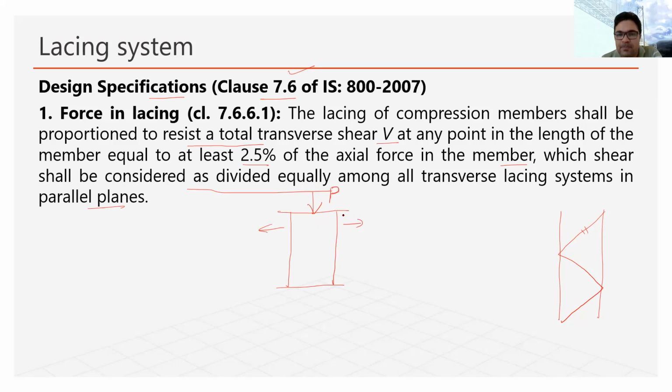To hold them, we provide these inclined members, which are the lacing. This is the force that is happening because of this P value. This force is called the V value. To resist this V value, we are providing the lacing bar. Basically, this is the shear. This V value we call transverse shear.